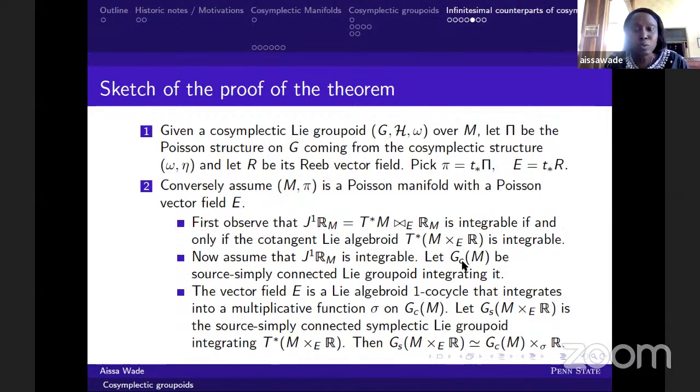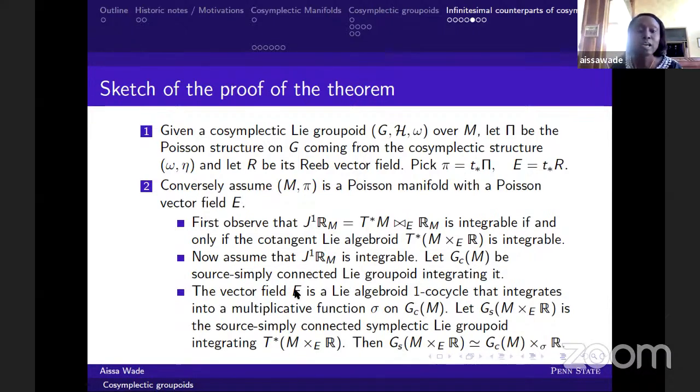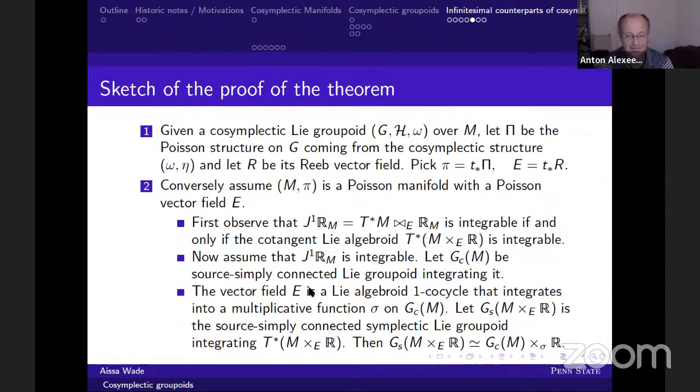One way to do it is to look at integrable Poisson manifolds, because I can explicitly tell you the formula for this sigma. Starting from E, you can write down the formula for sigma.